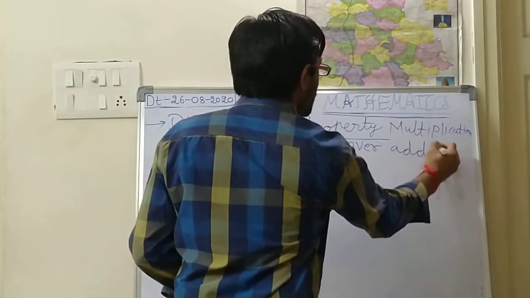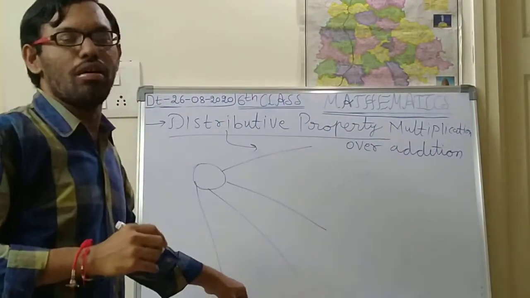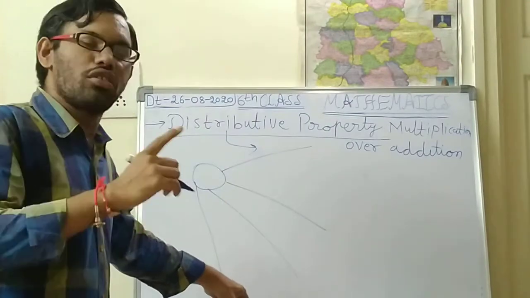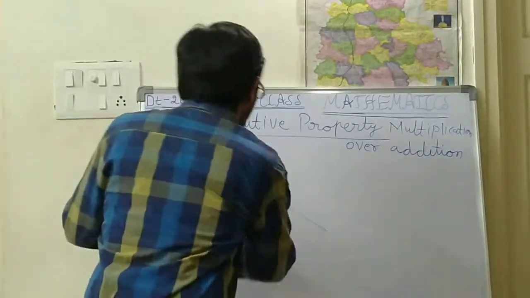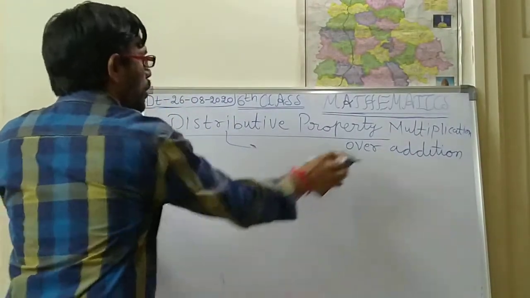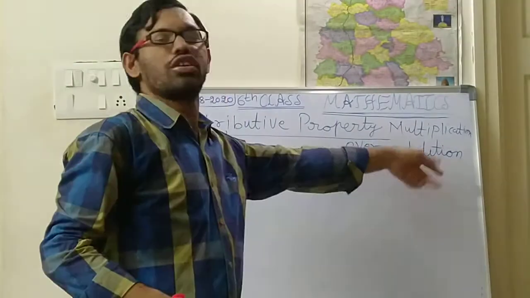So in one property there will be two basic operations: multiplication will be distributed over the additions.